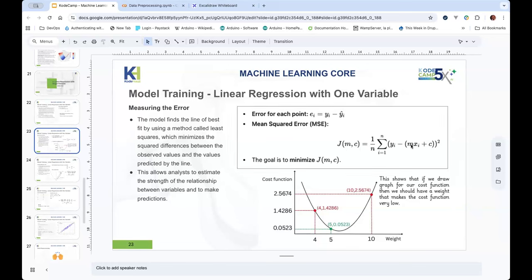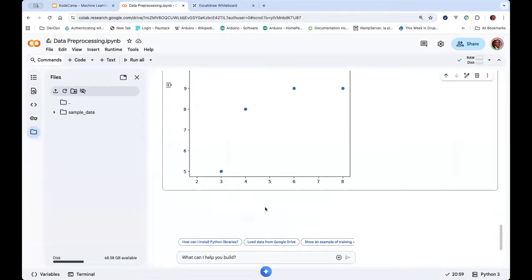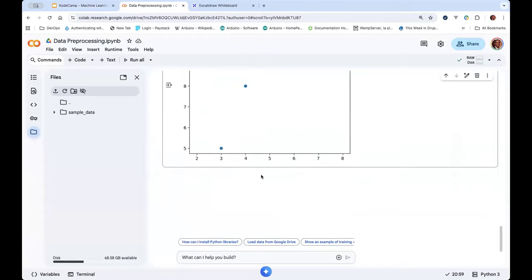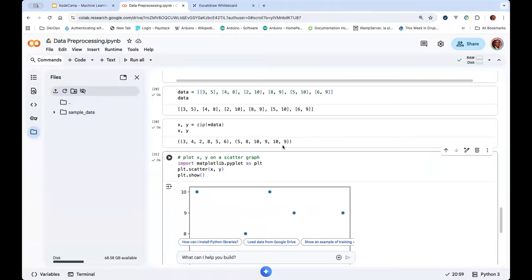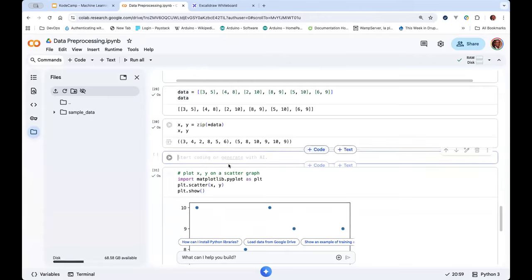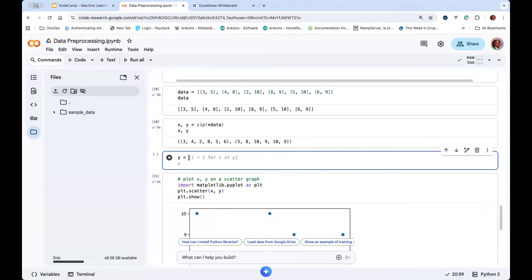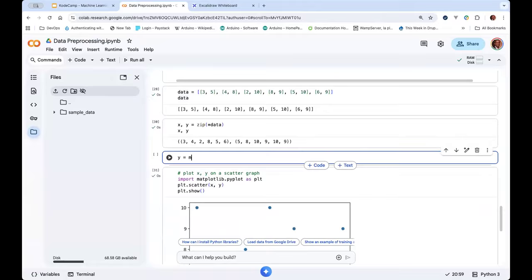But let me tell you that this is a very simple thing. Remember, I said mx plus c is the prediction. So let's assume I have a function. This is how we do the training. You start off by saying, okay, y equals m times x plus c.